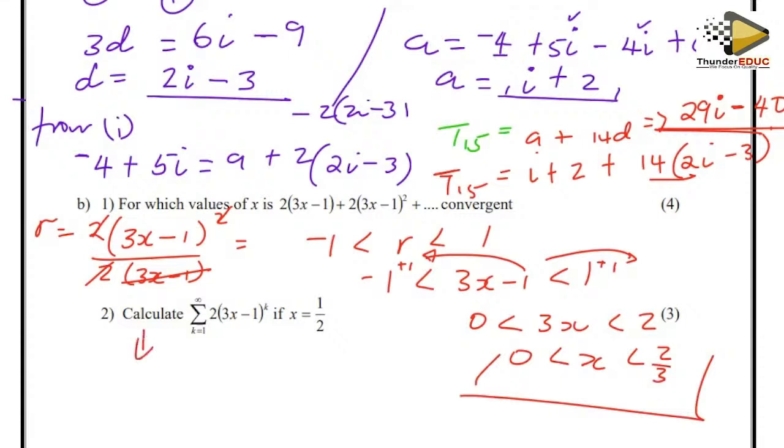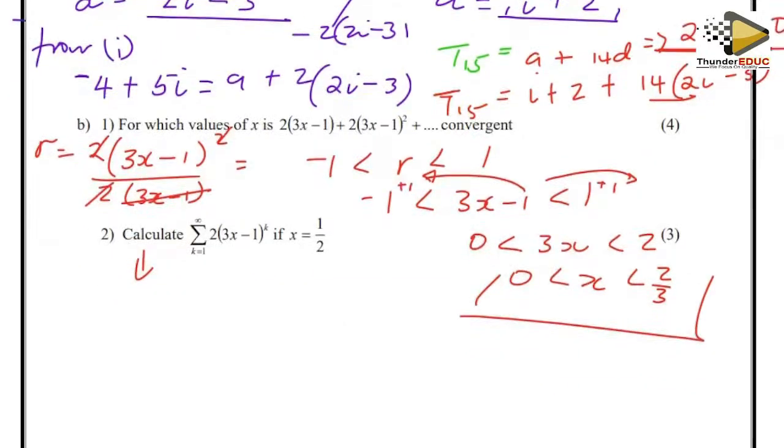Then the second part, if sigma k equals 1 up to infinity is given as that, they want us to calculate the value of the sigma. So whenever you have calculate sigma, you want to get this. And in this case, since our last point is infinity, we have to get the sum to infinity, which is a over 1 minus r.